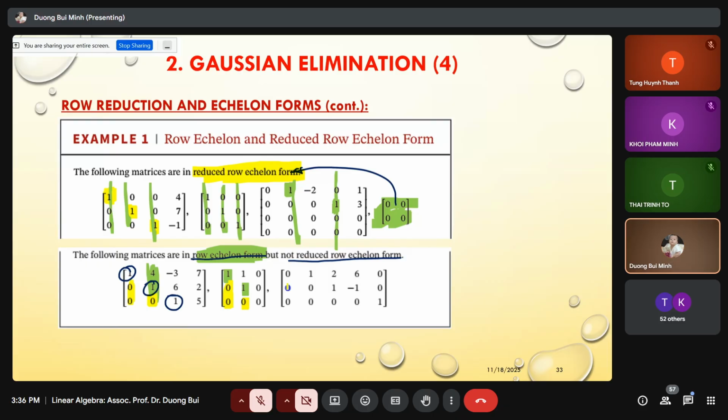So now you understand this is reduced row echelon form, and this one is just a row echelon form.